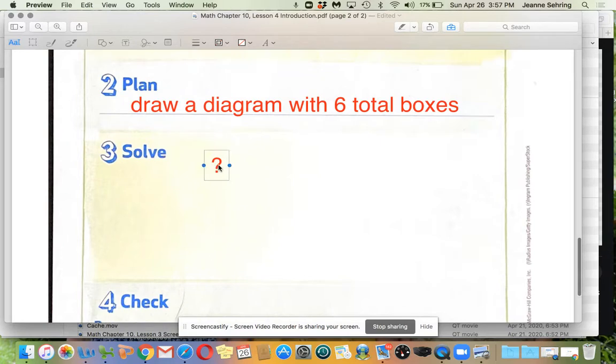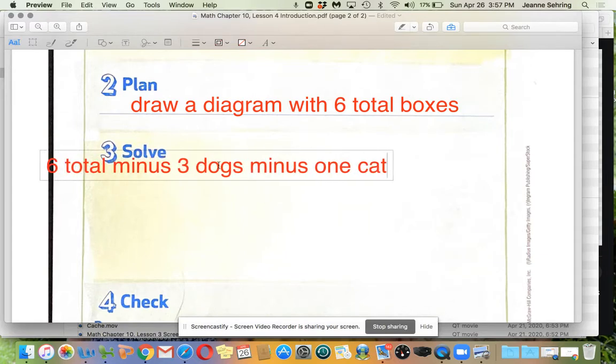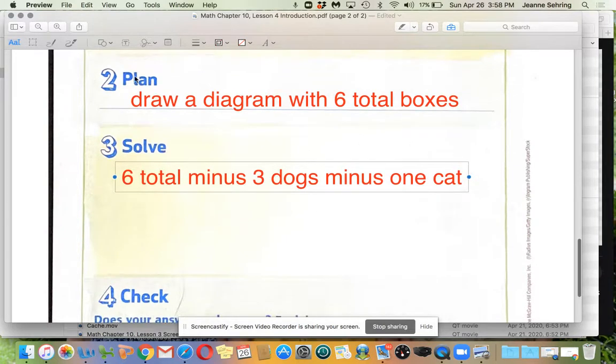You're right. There were 6 total, minus 3 dogs, minus 1 cat. If I drew a diagram, it'd be easier to see, but this is what I can do. I started off with 6, and I took away 3 for the dogs, and I took away 1 for the cat, leaves me with 2 birds, 2 boxes. If you drew the diagram, you'd see that there was 2 boxes left over for birds.